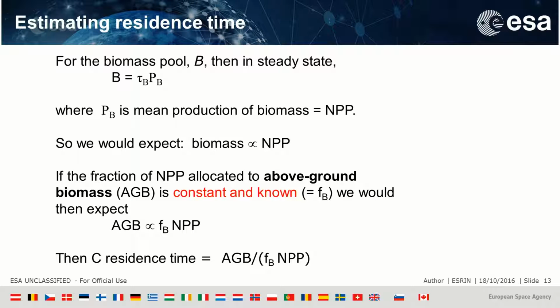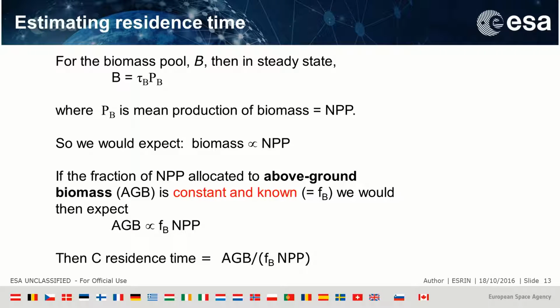Now, the bottom line to this, I'll not go through the details, is that your carbon residence time is given by that bottom equation. It's the biomass, your above-ground biomass, divided by the fraction allocated to the above-ground biomass, divided by the net primary production. So this is a simple way of calculating this crucial quantity for climate change, which is the residence time.